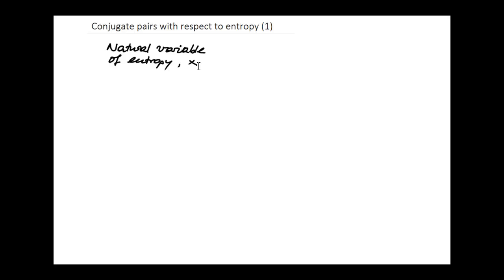Then of course the entropy will carry a dependence also on the particle number. So the x, the natural variable of the entropy, could also be a type 2 constraint, could be, for example, the particle number. So x can be of any type.